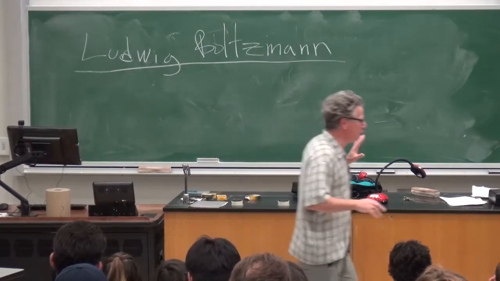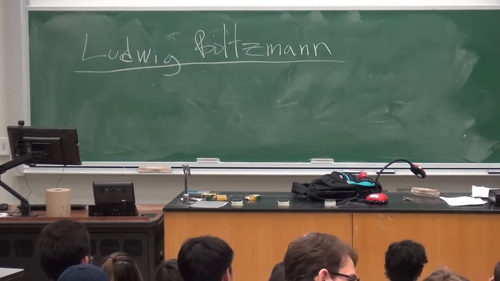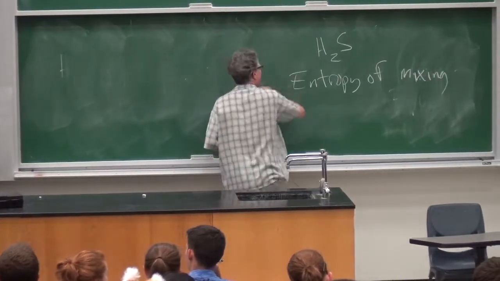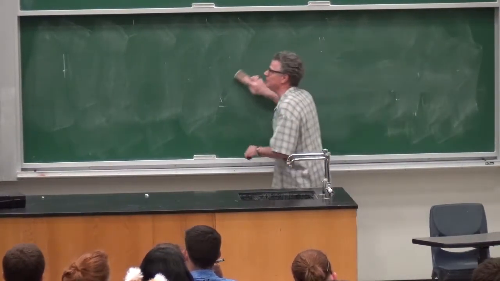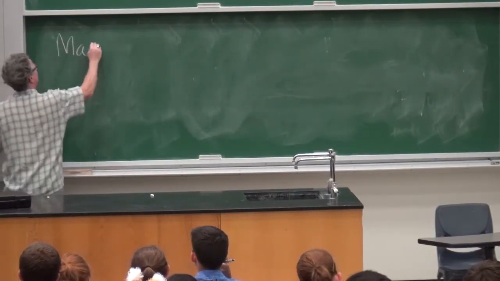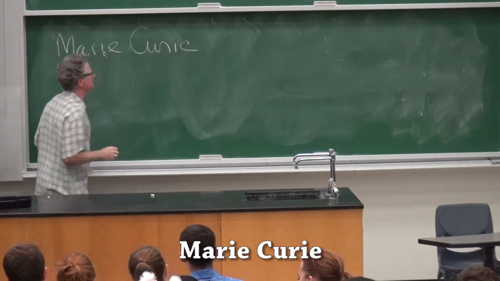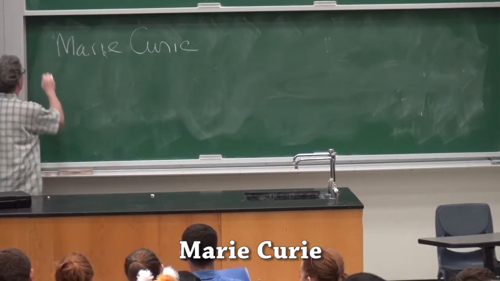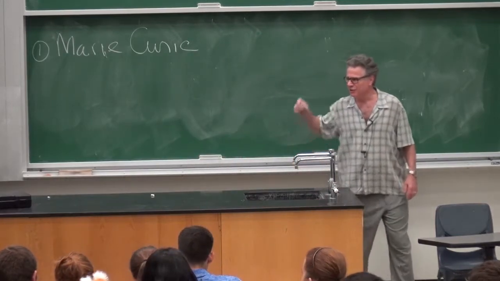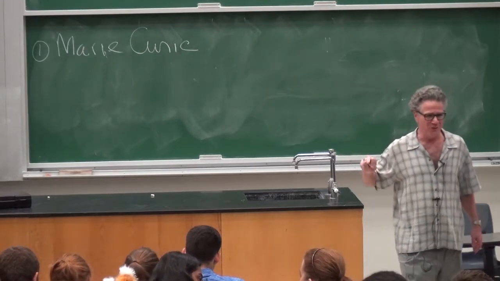Now I won't remember all my heroes. Let me give you my 5. I think I've got 5 heroes in science. Who knows? You might get this on the final exam: name the Colonel's 5 heroes. Marie Curie, number 1. Why? She won 2 Nobel Prizes, one in physics, one in chemistry.